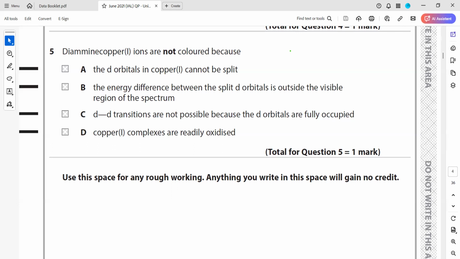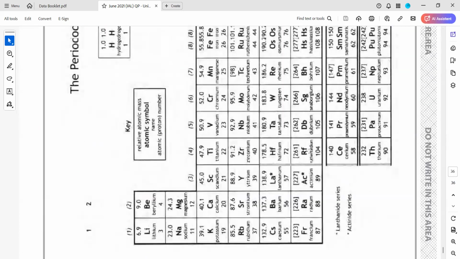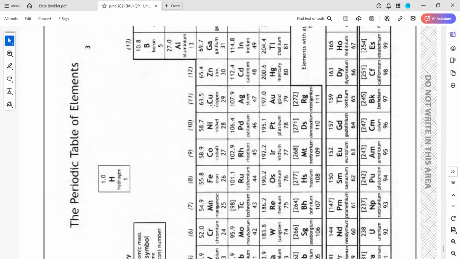So in the case of a copper 1 ion, the d-d orbital transitions are not possible, because when you write the configuration of a copper ion, copper is 29.